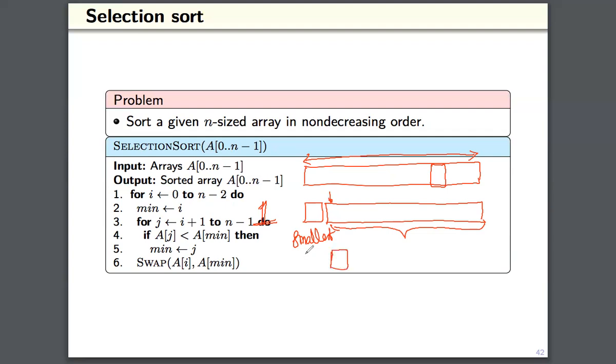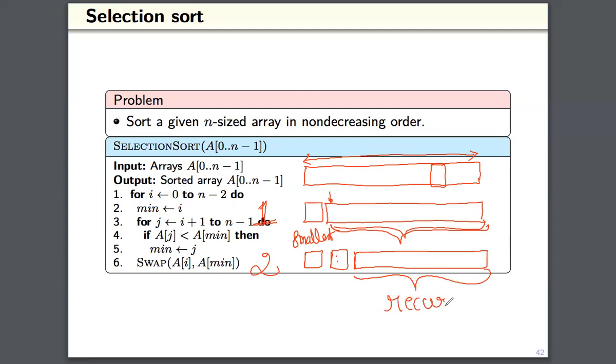The smallest of the n-1 elements is the same as the second smallest of the entire array. So after the second iteration, the second smallest element will appear here, and you recursively sort the remaining array. That's the idea of selection sort.